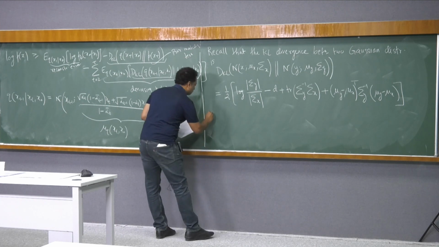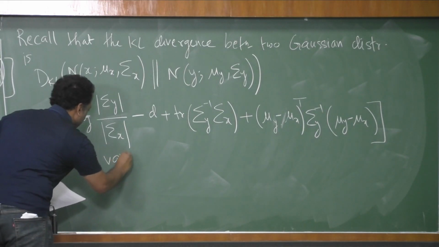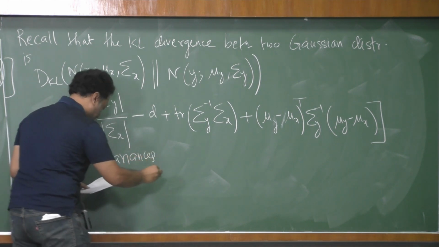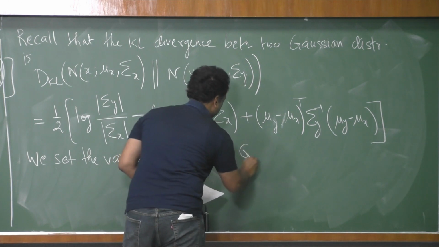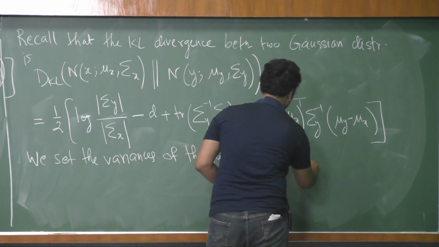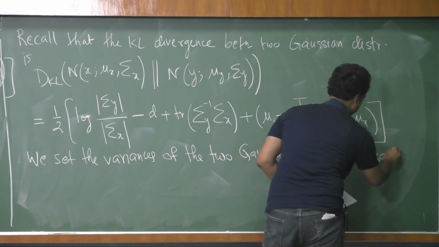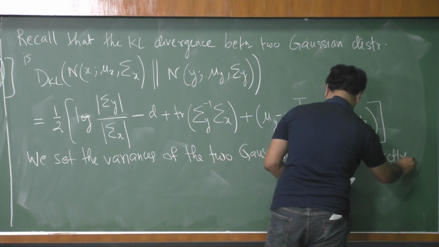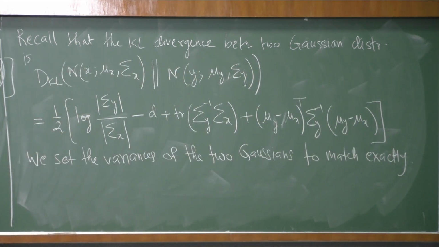So we set the variances of the two Gaussians to match exactly. That's something we assume here.